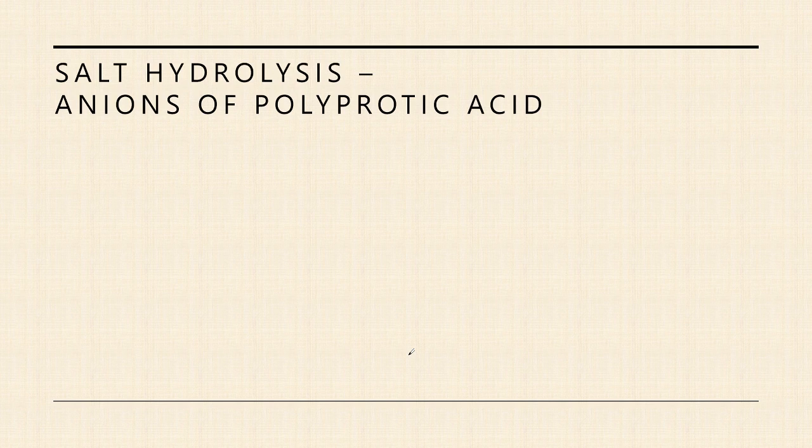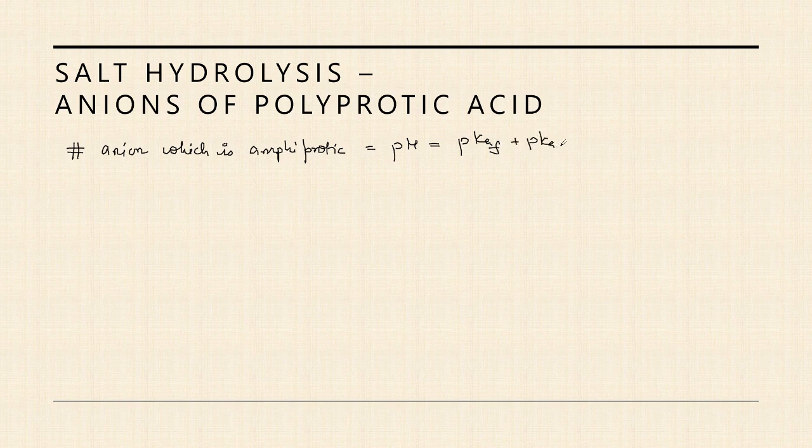So just summarizing, if it is an anion which is amphiprotic, then you will write pH equal to pKa of formation plus pKa of dissociation upon 2.